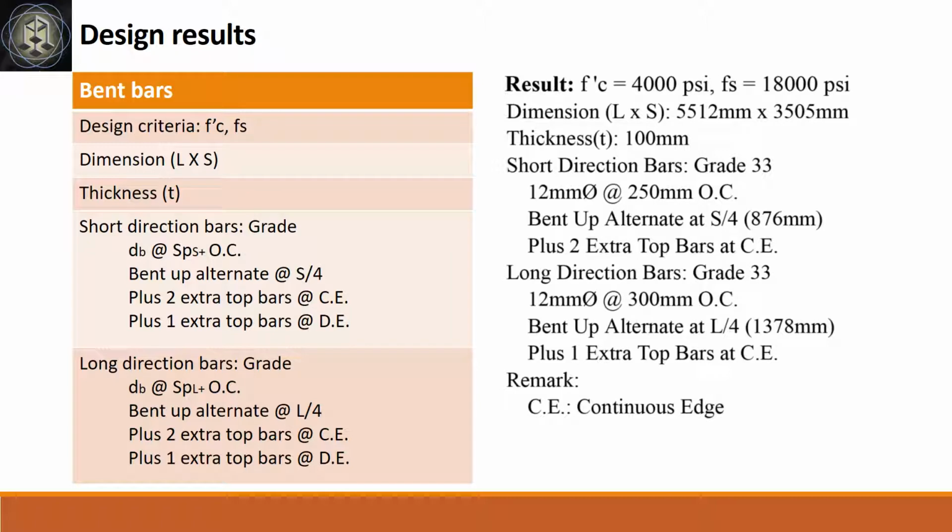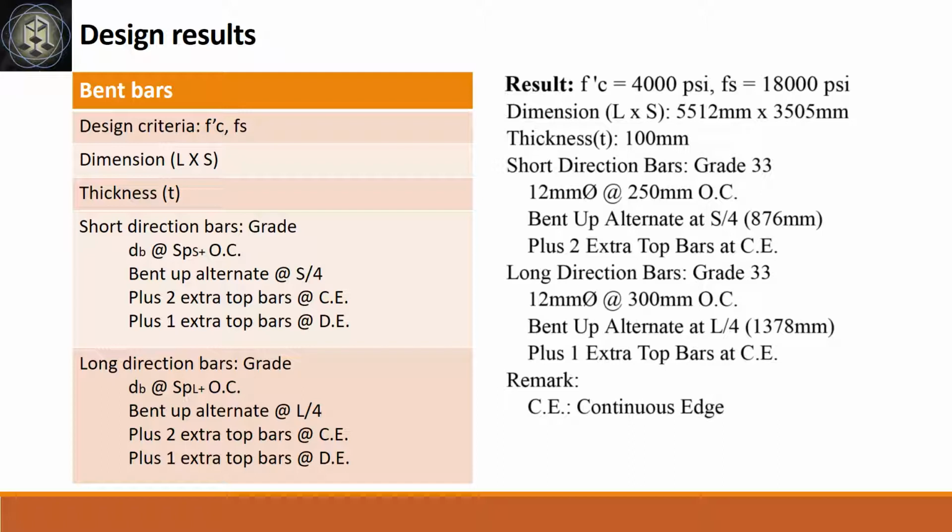Design results are as follows. Fc prime equals 4000 psi. Fs equals 18,000 psi. Dimension is 5,500 millimeters by 3,500 millimeters. Thickness is 100 millimeters. Short direction bars of grade 33, 12 millimeter bar at 250 millimeters on center.